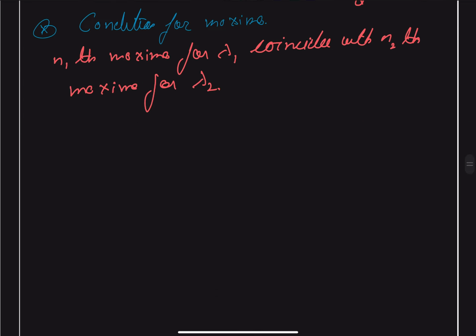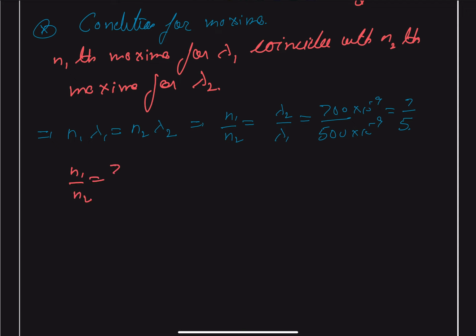So based on this, we can write that n1 multiplied by lambda 1 will be equal to n2 multiplied by lambda 2. And we can find the ratio, that n1 upon n2 will be equal to lambda 2 upon lambda 1. So we have 700 divided by 500, with 10 to the power minus 9 in both. This gives a ratio of 7 upon 5. So therefore, n1 upon n2 is equal to 7 upon 5.